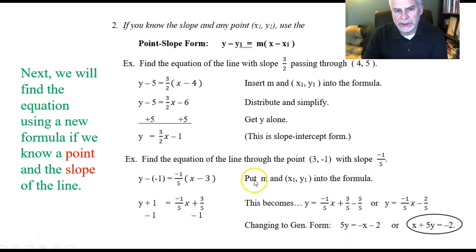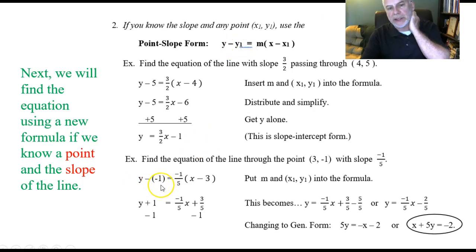Now, in the next example, it says find the equation of the line through the point 3, negative 1, with slope negative 1 over 5. So I'm going to plug in 3 for the x1, so I put it right here, and negative 1 I'm going to put in for the y1. And notice we have y minus negative 1 because the formula says y minus y1.